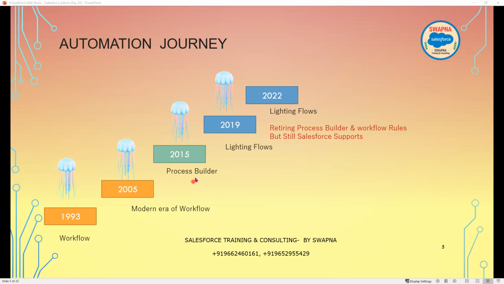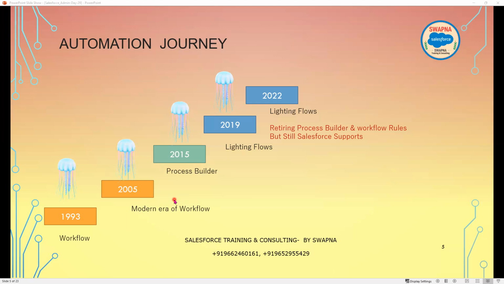So they gave an alert to the customers saying that we might be taking out Process Builder and workflow, or else if you still have workflow and Process Builder, we won't support it. Salesforce will not be supporting anything if you are using the Process Builder and workflows. So the request from Salesforce is that you start using Lightning Flows.